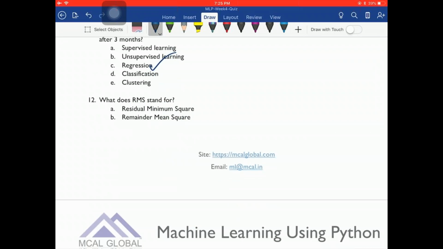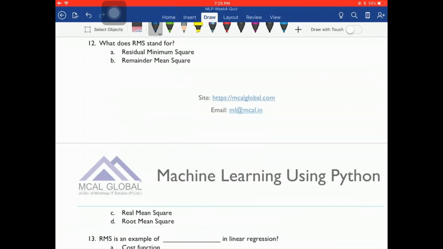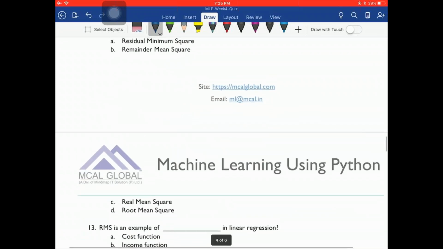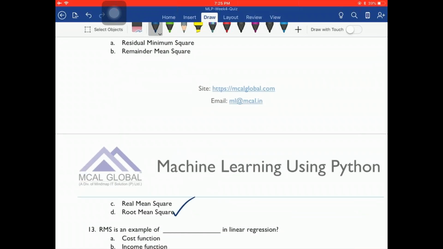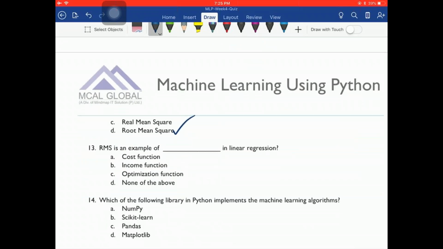Now, what does RMS stand for? Root mean square. Excellent. RMSE is an example of a dash in linear regression. Optimization function, or cost function? A cost function, it should be.